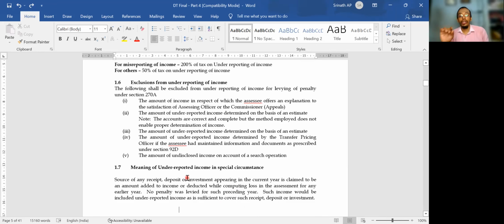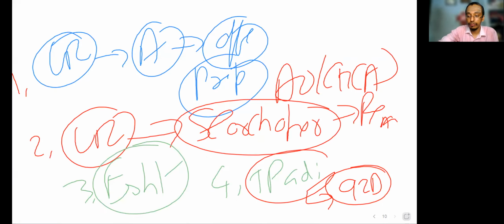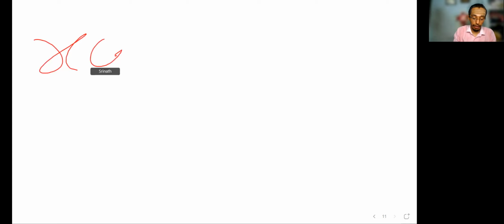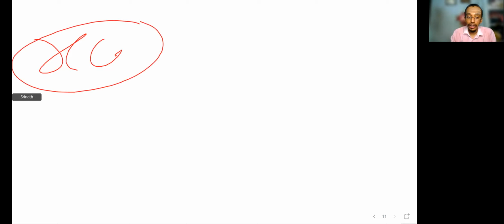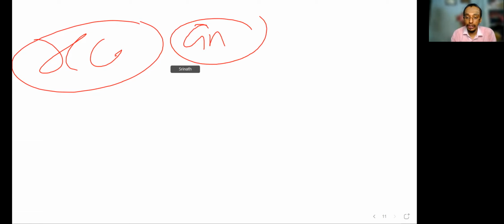This I missed. Now, let's say there is any source of receipt or investment in the current year, which is claimed to be an amount added to the income of any earlier year.